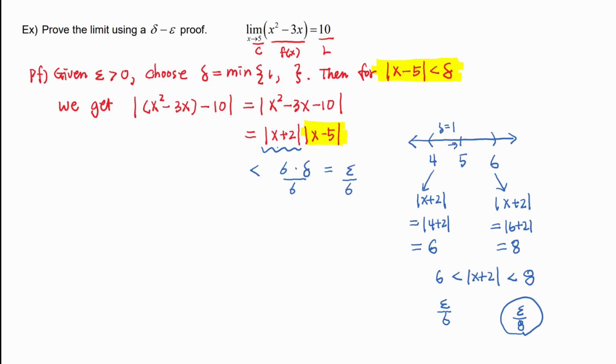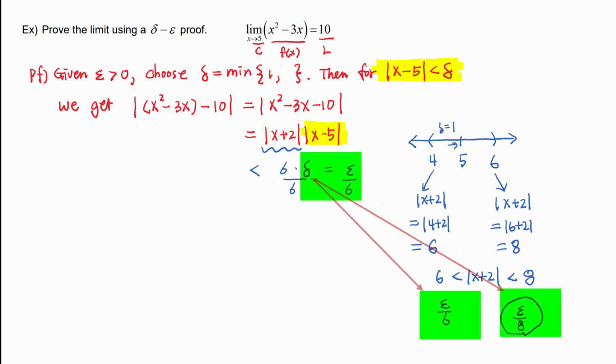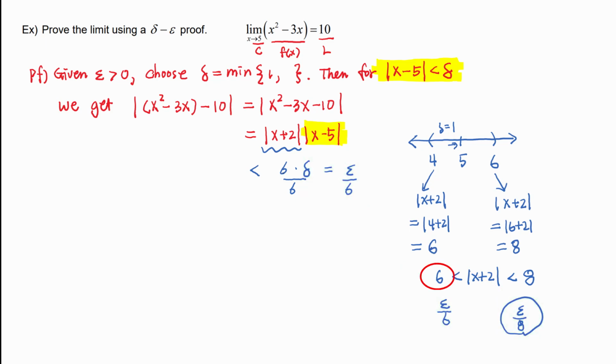Now back to the absolute value of x plus 2 expression. We found that that expression lies between 6 and 8. So our problem is, are we going to replace that absolute value of x plus 2 by 6 or 8, knowing we want the smaller delta? We know at the end we have to divide by the number to determine what the delta has to be. So if we replace by 6, our delta is going to become epsilon divided by 6.